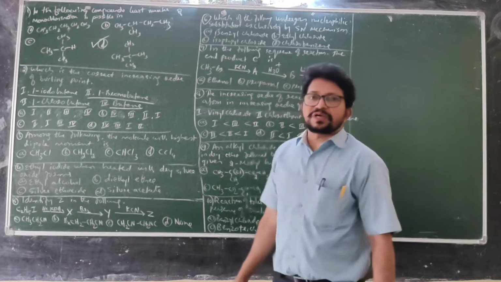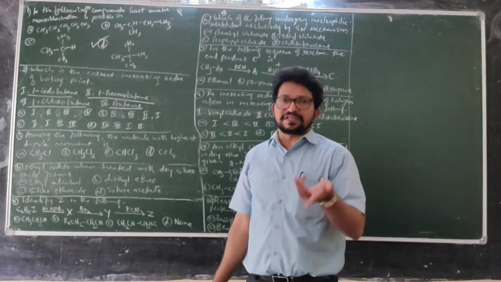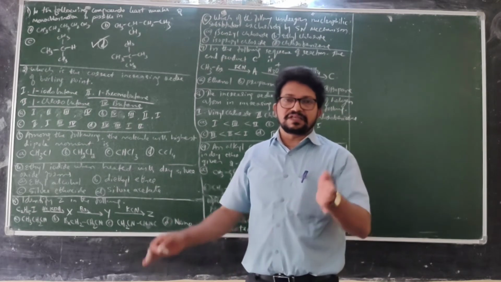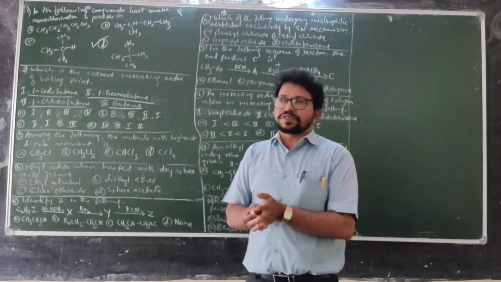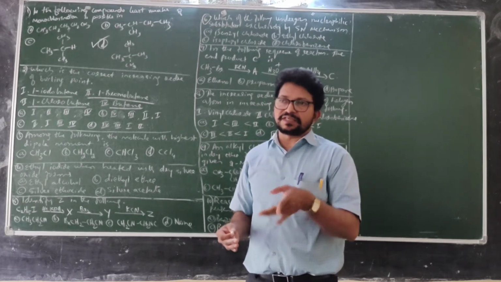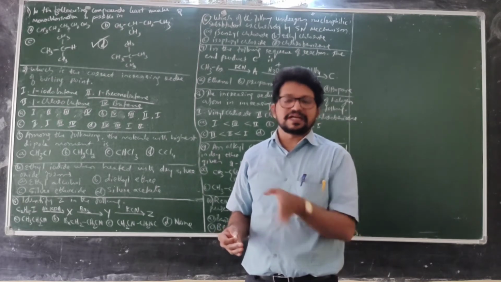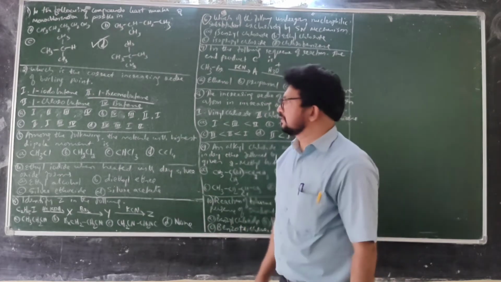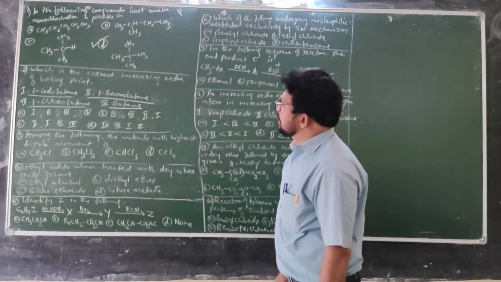So I told you, as molar mass increases, boiling point increases. When alkyl groups are the same, the order of boiling point is iodide greater than bromide greater than chloride greater than fluoride.